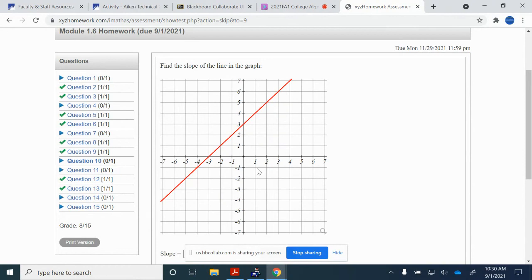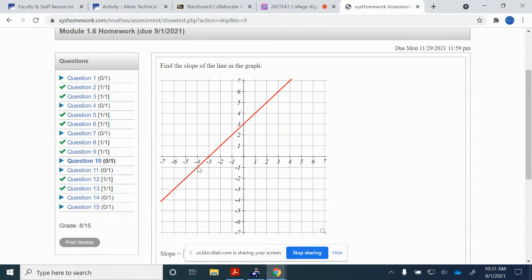So I'm going to pick any two points on this line that I can determine its ordered pair. I'm going to take this point, because I can clearly see that the coordinates for this point are -5, -2. And I'm going to take another point.